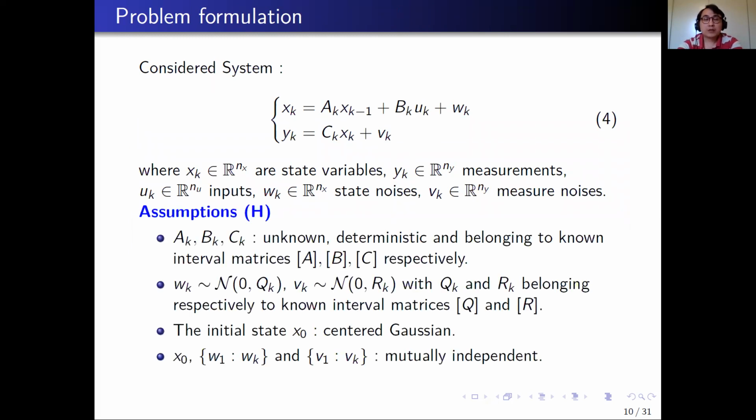The parameter matrices A_k, B_k, C_k are assumed to be unknown deterministic and belonging to known interval matrices. w_k and v_k are standard Gaussian with covariance matrices Q_k and R_k belonging to known interval matrices. The initial state x_0 is assumed to be standard Gaussian, and finally x_0, w_1 to w_k, v_1 to v_k are mutually independent.